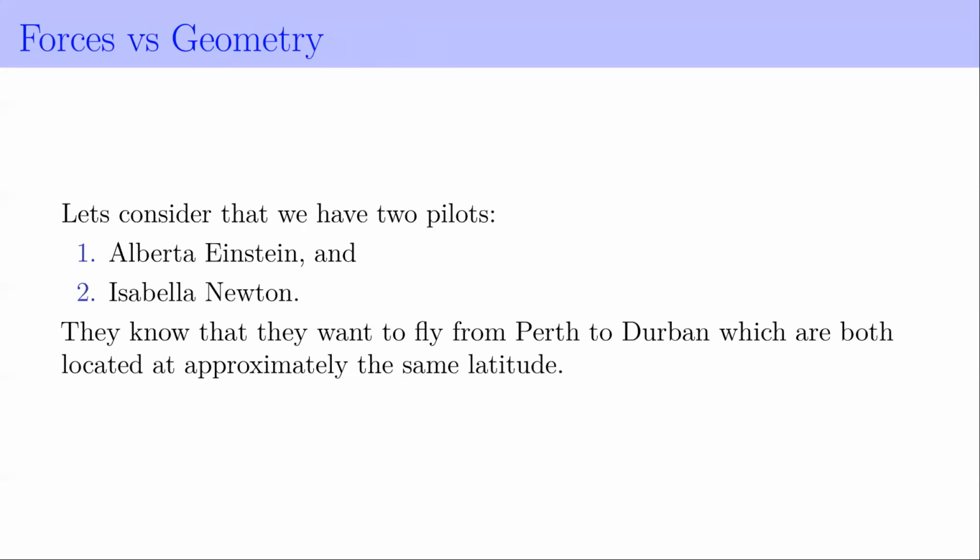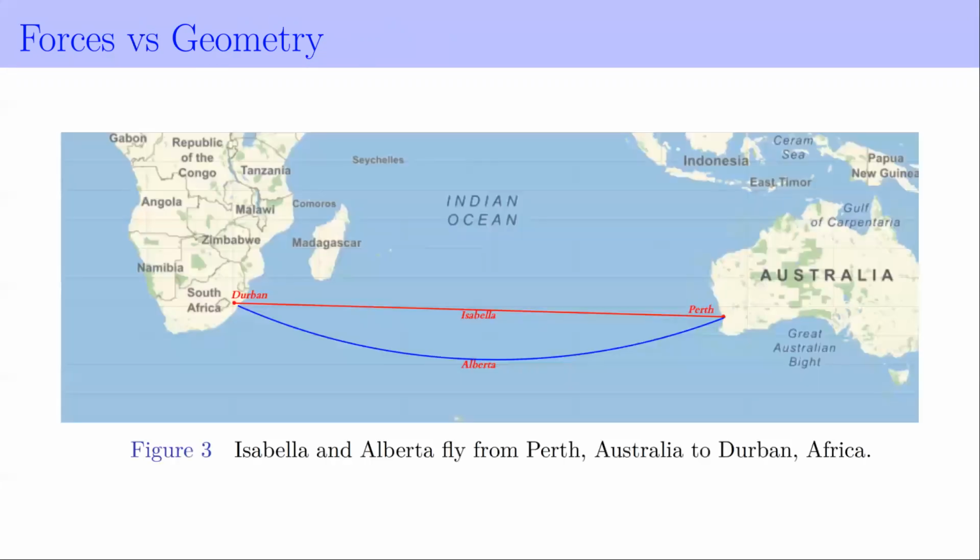Perth is in Australia and Durban is in Africa, South Africa. And they're both located at approximately the same latitude. So if we have a map here, we show two pictures.